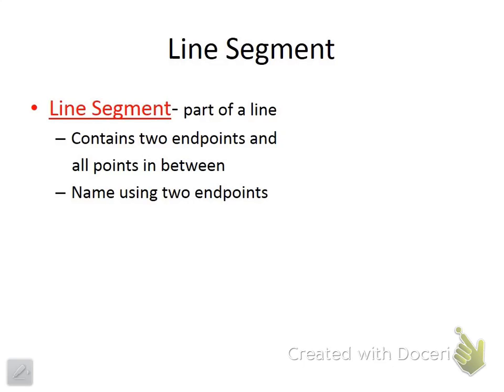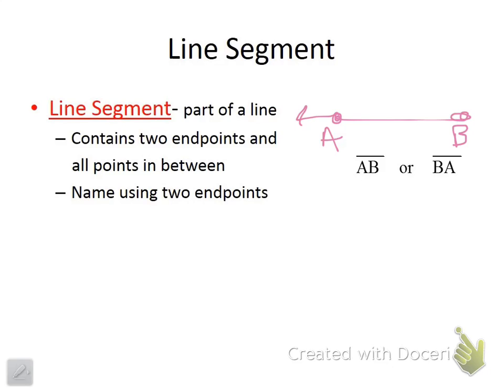Okay, a line segment is a part of a line. It contains 2 endpoints and all points in between. When you're naming these, name using the 2 endpoints. So this is going to look like this. If I have this, it is going to be labeled AB or BA.